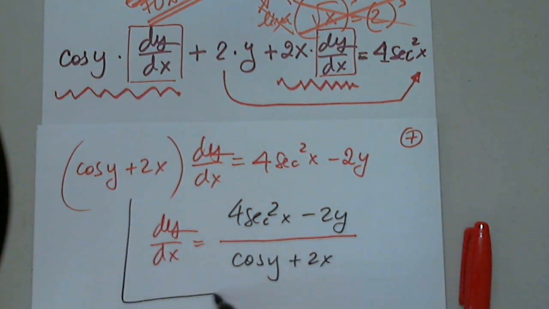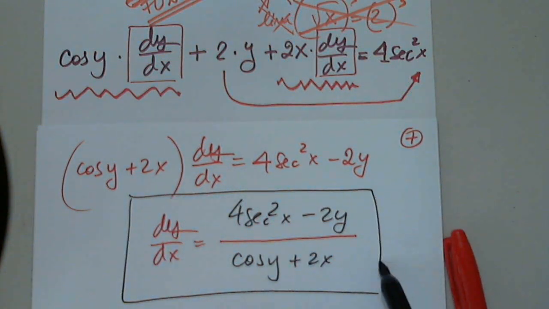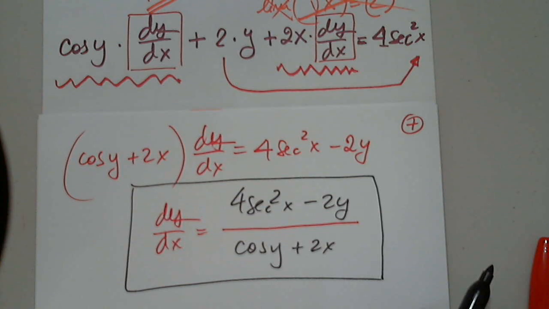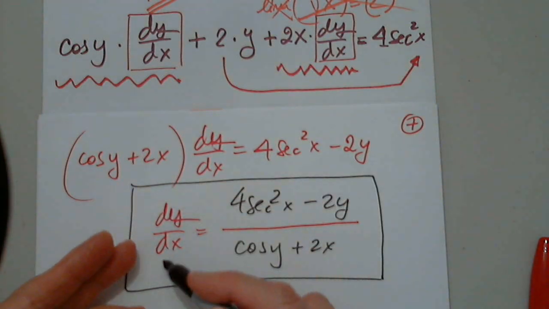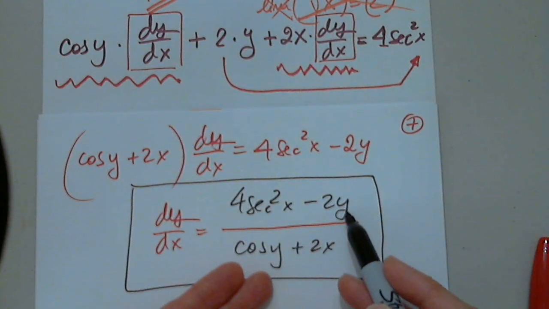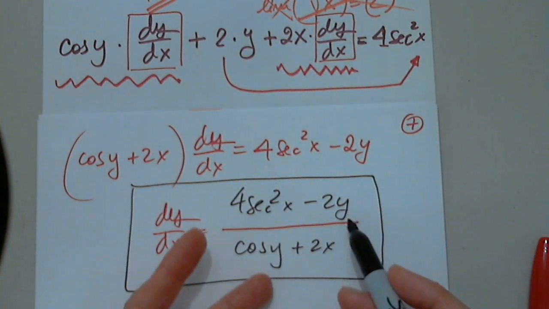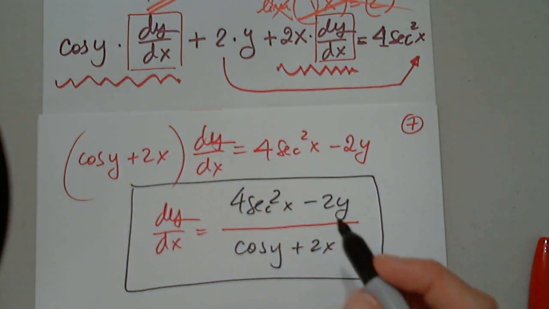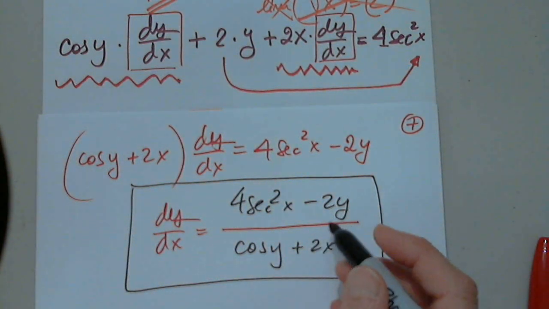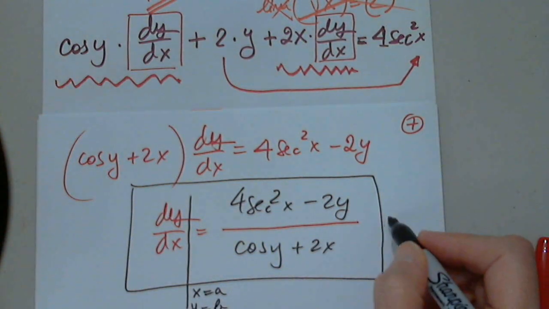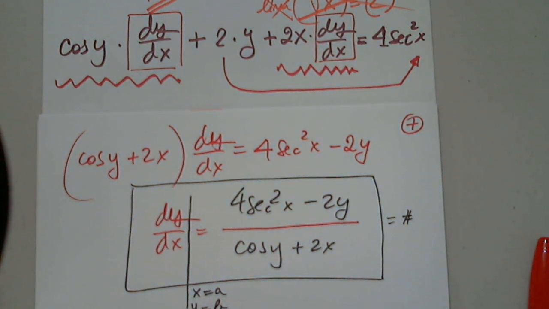And this is it. You can say you haven't accomplished anything. You determined an expression for dy over dx, but you still have y in it. Yes, you could say that I accomplished nothing. However, we may not have y, but we may be given a point, x equals a and y equals b, and we will be able to get a number here.